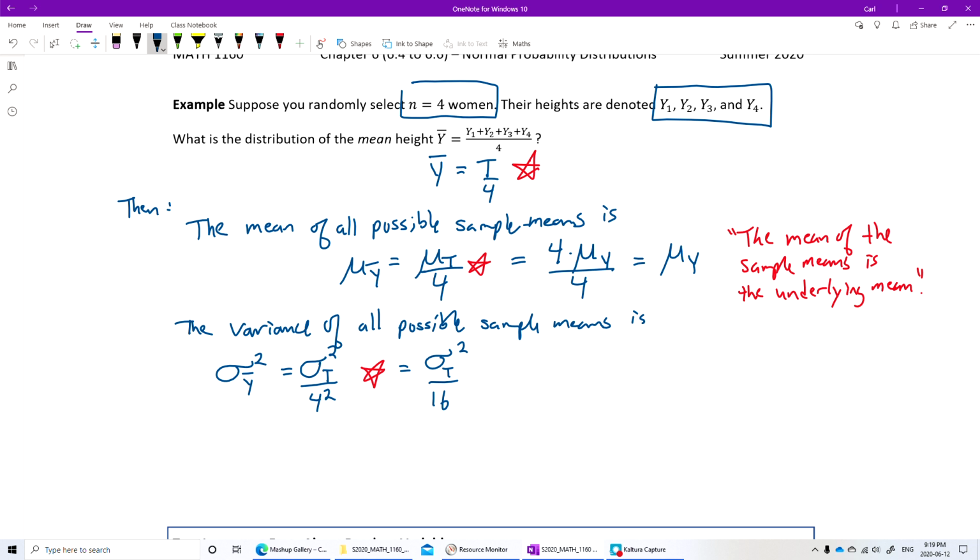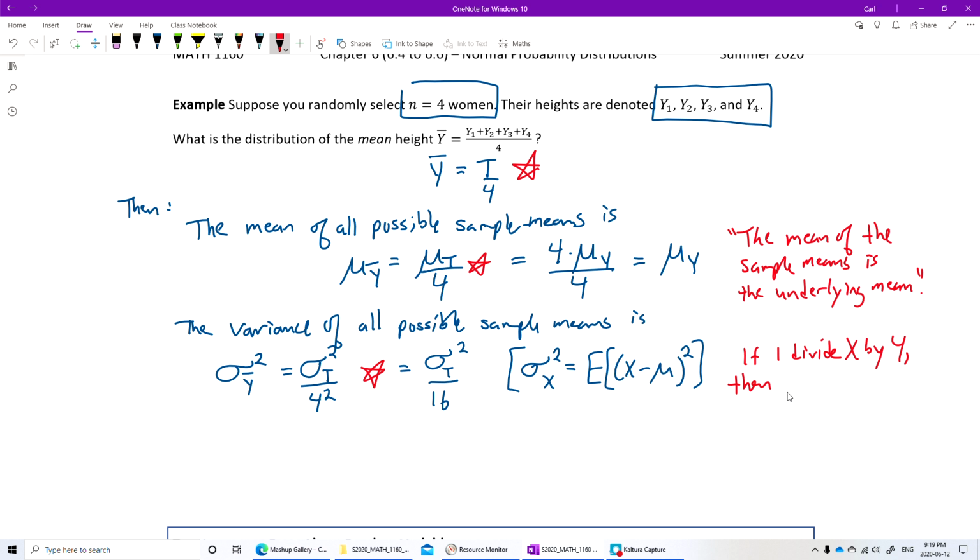let's think about that. What is the variance of a variable? Let's just call it sigma squared of x. What's the definition? It's the expectation of x minus the mean, squared. And what that means is if I divide x by 4, then I also have to divide mu by 4.